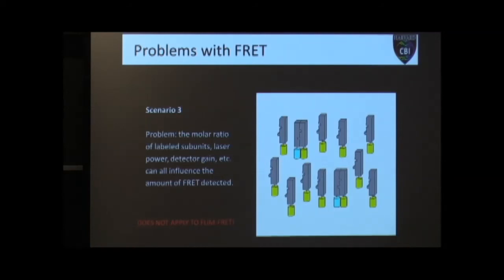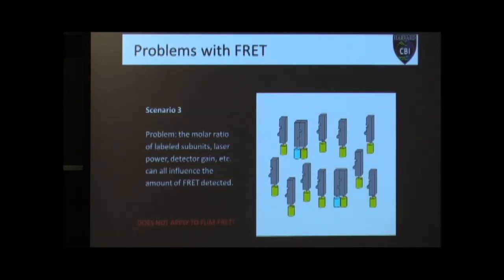Now, something else that can happen is you can get an uneven expression of these. So here you can see we have a large expression of the protein tagged with YFP, but there's only very few CFP tagged proteins in the mix.